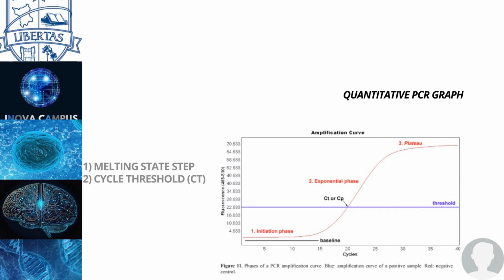And like I said, one important thing to know is that when your gene shows up very early, I'm talking about the number of cycles here, that means that there is a significant concentration of this gene in the sample.